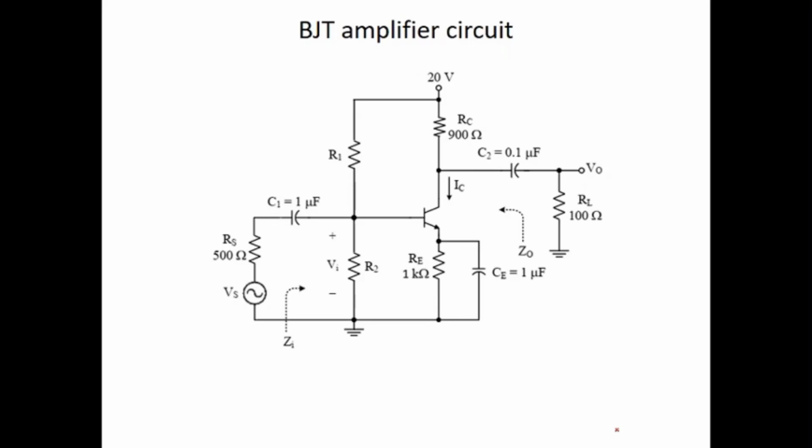Okay, actually this is the so-called complete amplifier circuit. Can you recognize the bias circuit? The bias circuit used in this amplifier circuit is the voltage divider.